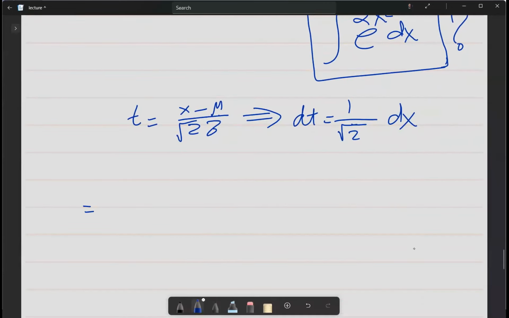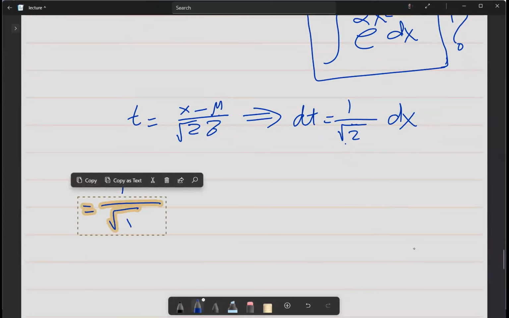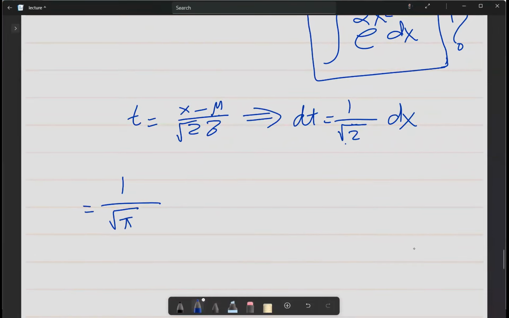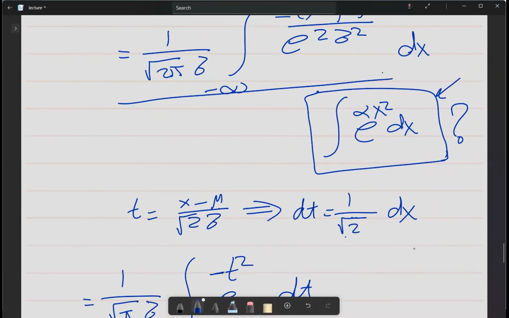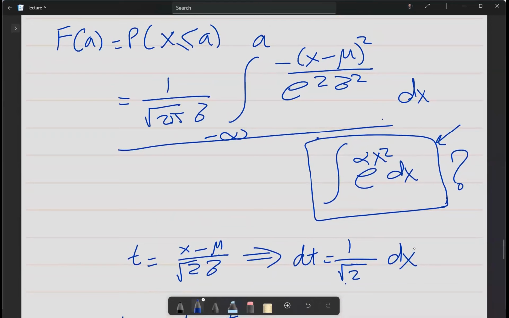Then the CDF will be 1 divided by, because square root of 2 with dx becomes dt, so we take off the square root of 2, but we will have square root of pi times sigma, integration of e to the power minus t square dt. Why? Because t is x minus mu divided by square root of 2 sigma, so when you take t square, all of this is t square.